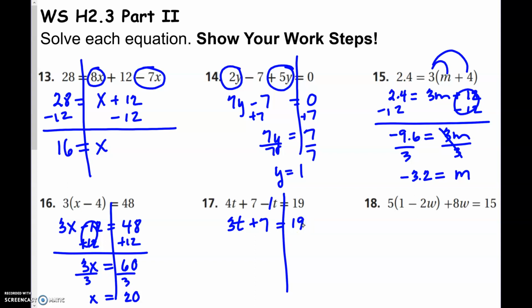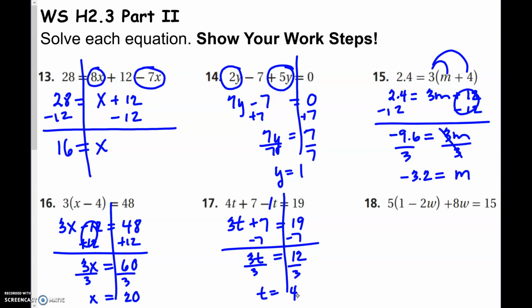Because that says a plus 7, the opposite of a plus 7 is a minus 7, so we need to subtract 7. So we get 3t equals 12. That says 3 times t, so the opposite of times is divide. And it looks like t equals 12 divided by 3 is 4.